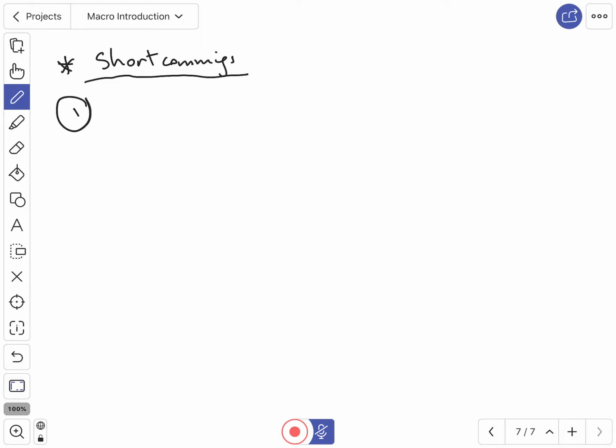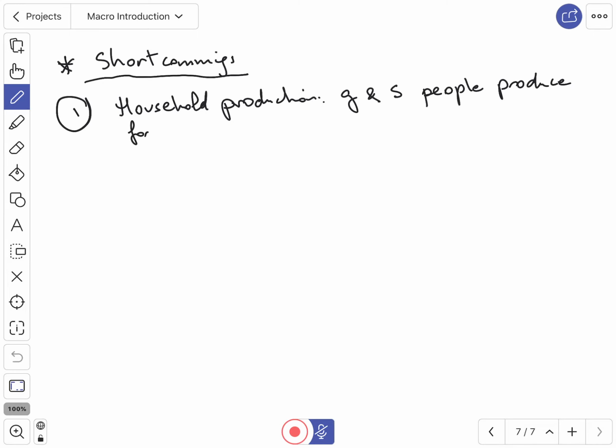So there are multiple examples related to household production. And in this production, I can produce a good, as in the example I just gave you, or a service. So it's household production, goods and services that people produce for themselves. All these are not included in our computation.